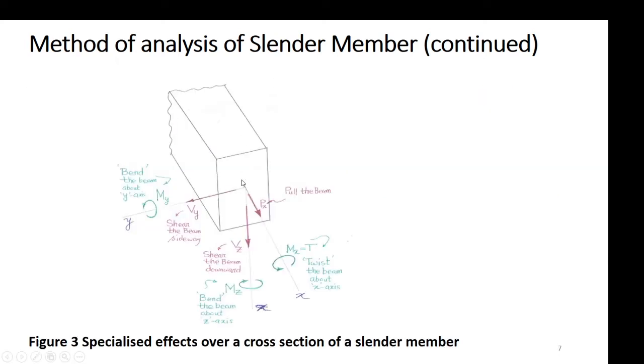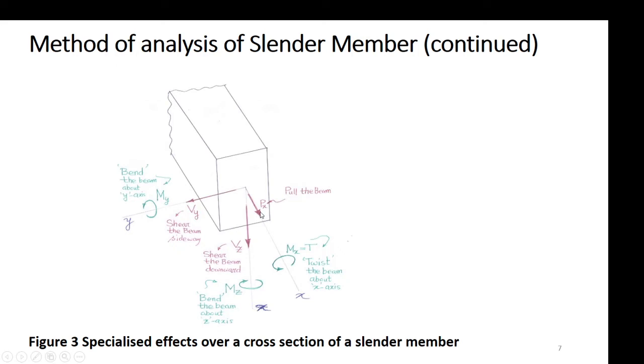First, let us recount what we have done. We have cut the beam into two parts, and over the cross section we are examining the forces and moments acting along and also about the axis. So this Px force component will pull the beam. It could have compressed the beam also if it were in the other direction.